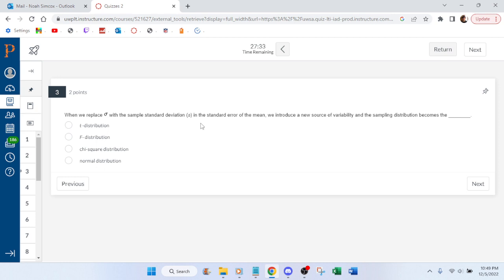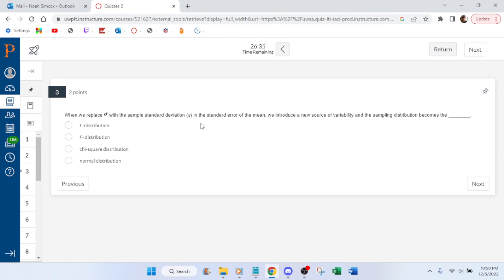Chi-square. I don't think it's T, because T distribution is just the sampling distribution. Like T distribution, maybe it becomes F. I don't know. Chi-square? I don't know, dude.